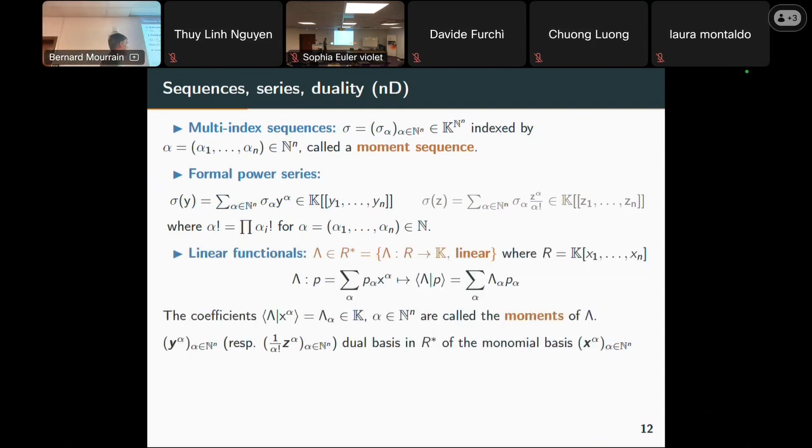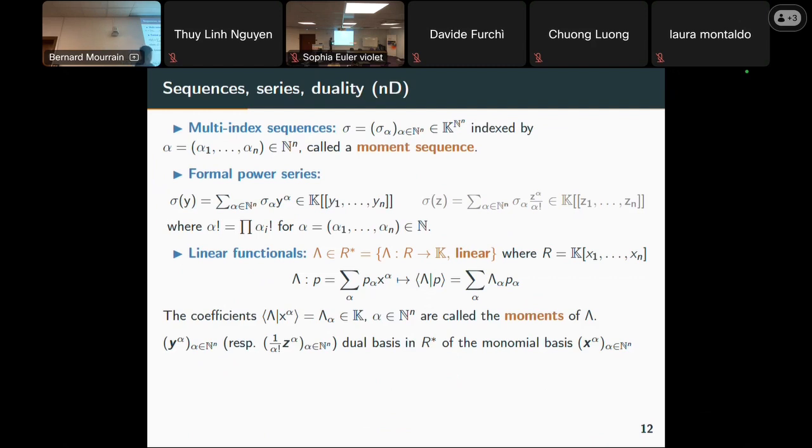Linear functionals are defined as soon as we know the value of the linear functional on the monomials. So this is a sequence too. So either the index sequence or the formal power series, we define the unique linear functional in correspondence with it this way.